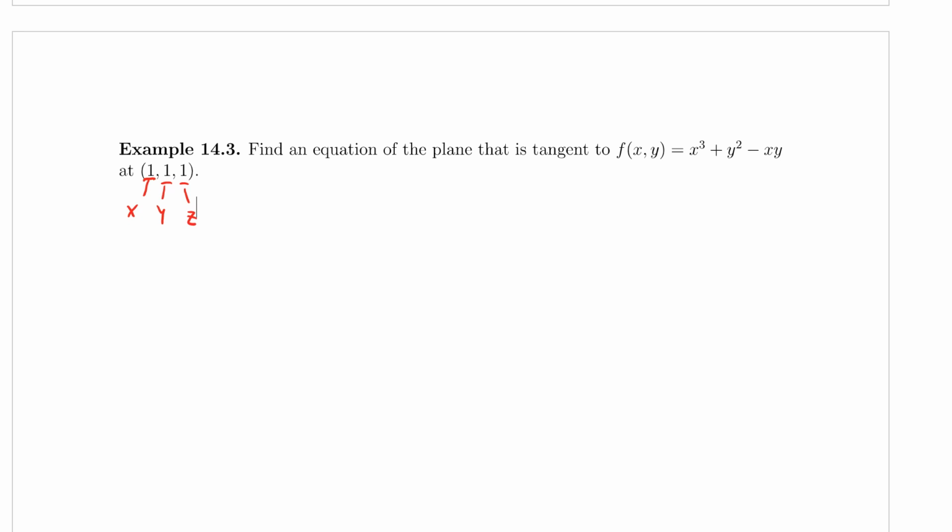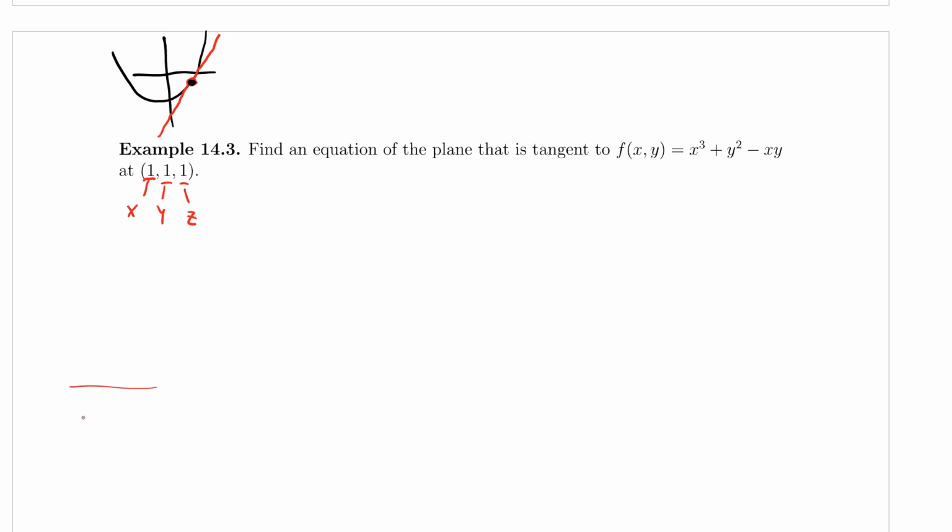Now, remember in 2 dimensions, if I want to find a tangent line to a function, what I need to do is have a line that goes through this point and has the same slope as the function. And this is going to be the strategy that I'm going to use as well.